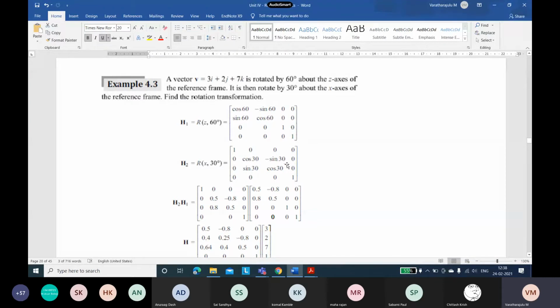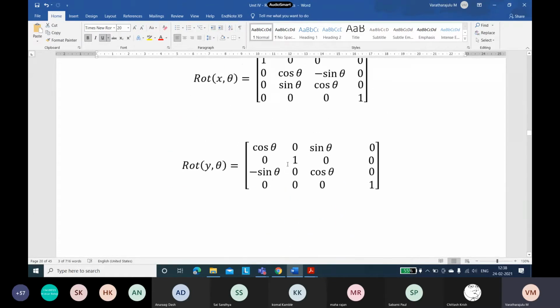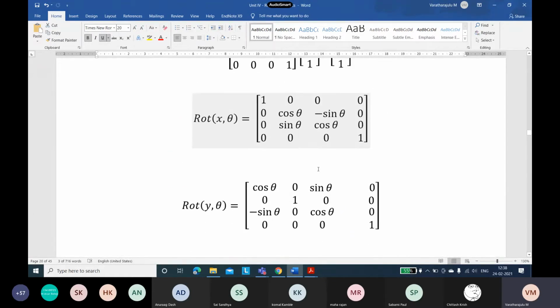Before that, we'll revisit the three different formulas of the rotation transformation matrix. Assume this is a 4x4 matrix. In that 4x4 matrix, the last row and last column should be 0, apart from the fourth diagonal element, that is 4 by 4, which is 1. When we are concerned about x, theta, a11 should be 1, and the rest in the first row and first column should be 0.